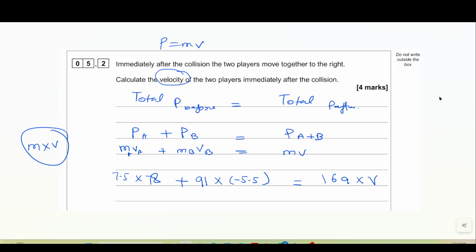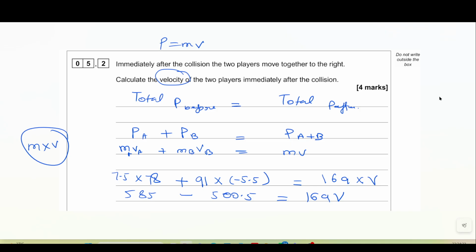Now let's solve this side. 91 times minus 5.5 is minus 500.5, and the other one is 585. So there is a minus sign between them.